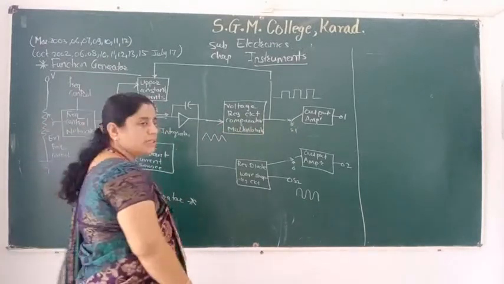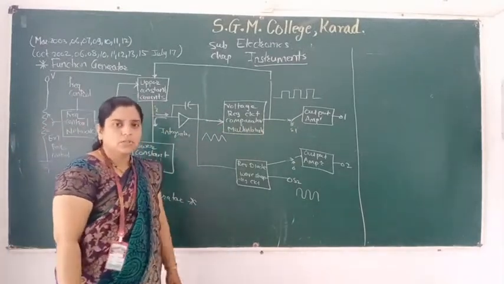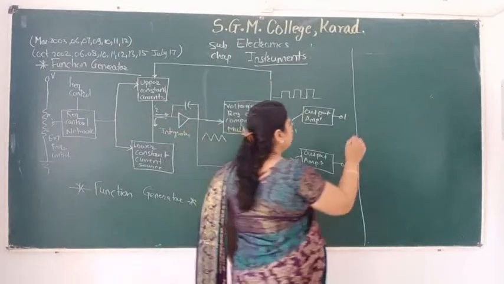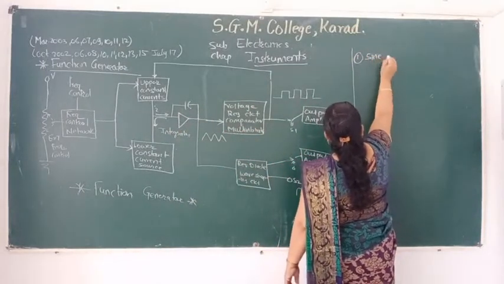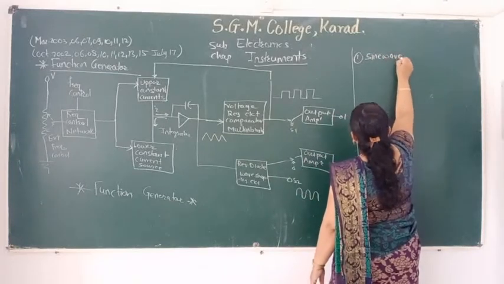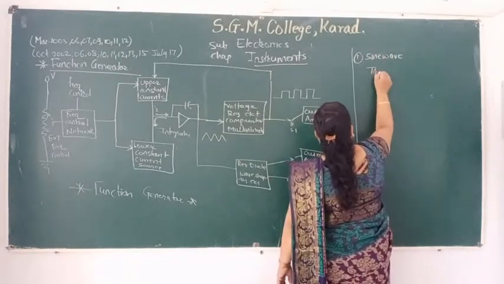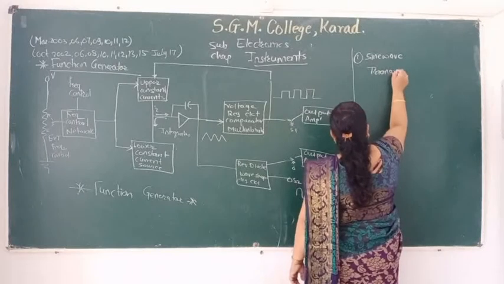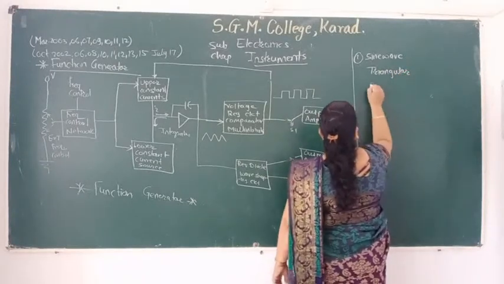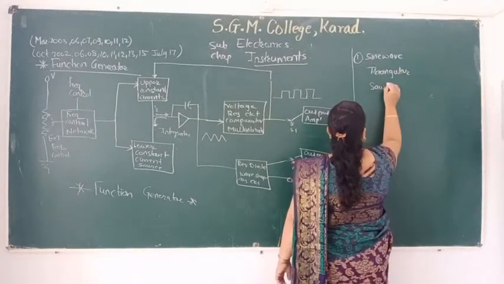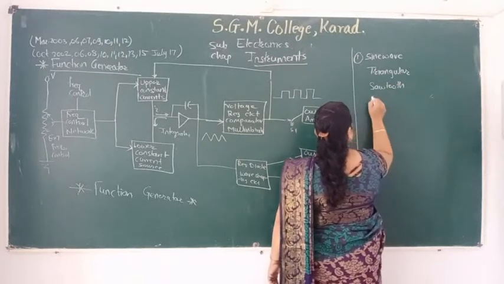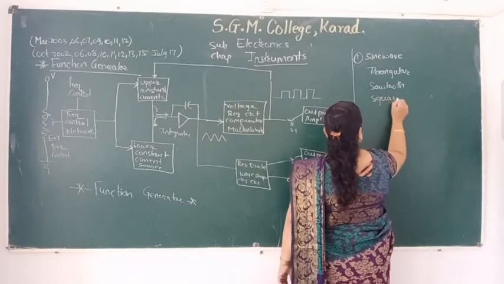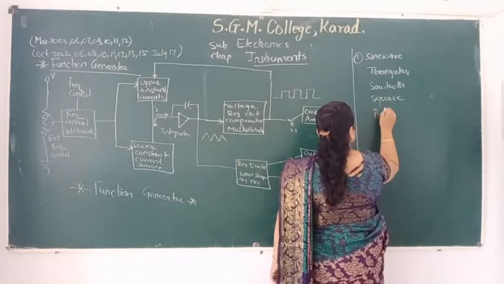What happens, see, one by one we see each and every block. This function generator is used to observe different waves. Which different waves? Sine wave, triangular wave, sawtooth wave, and square wave, and pulses.